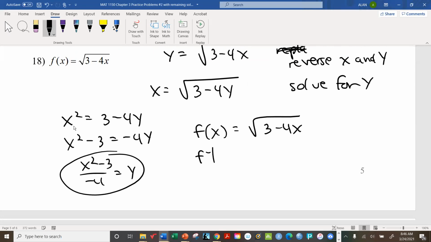Therefore, the inverse is the one we just solved for, and that worked out to be x squared minus... oh, you know what? There's a negative. Let's write it like this. I think that's better. See, there's a -4 in the denominator. Let's put it up here. I think it's just easier that way to see what's going on.